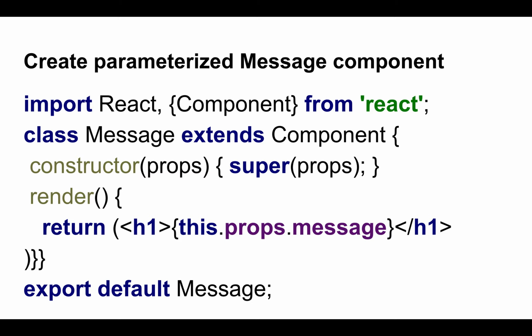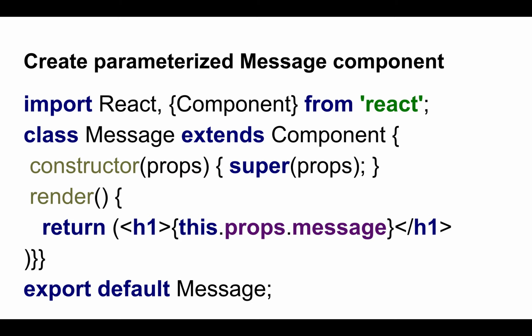So the properties are being passed to you. Usually these properties come in the form of a JavaScript map, name value pairs, yes? And then those name value pairs are available as part of the instance of the class, which you can access through the this property.